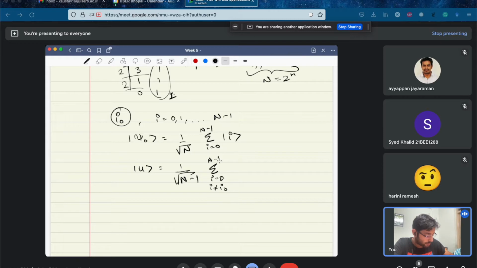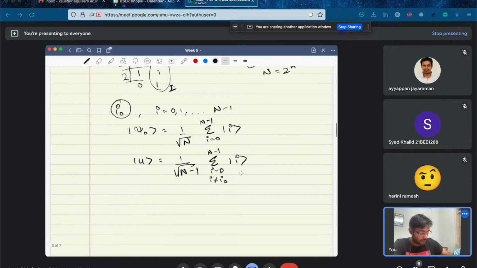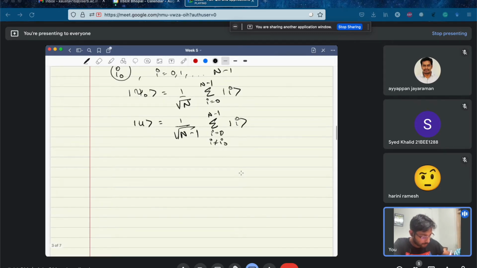Now you can write the psi naught in the form cos theta by 2 u plus sine theta by 2 i naught.